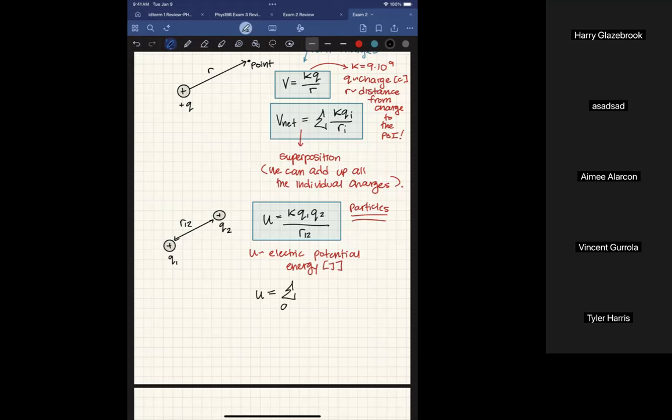I want to sum up all the pairs, K Qi Qj over Rij. All that means is, let's say I added a third charge down here, Q3.